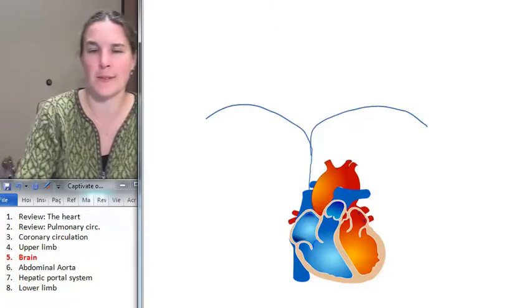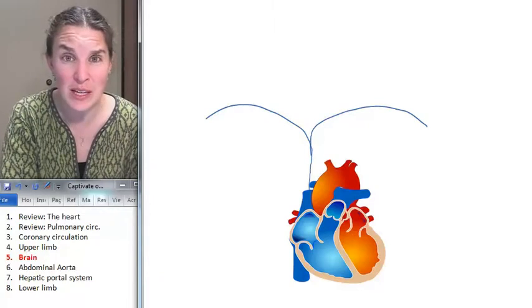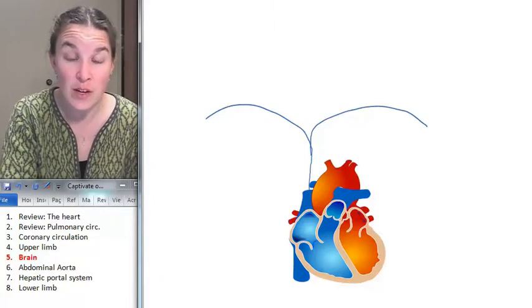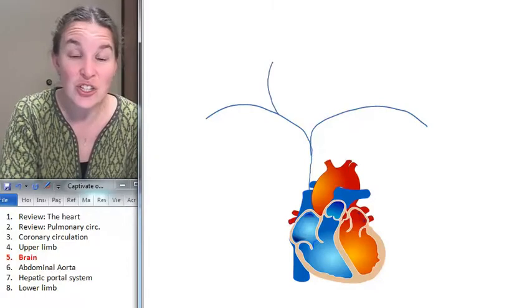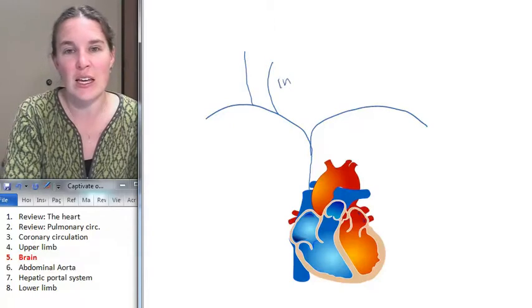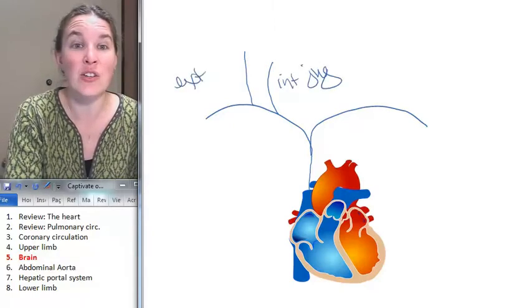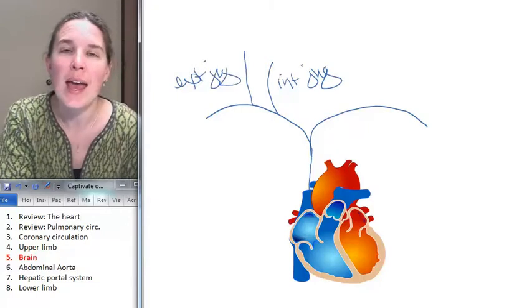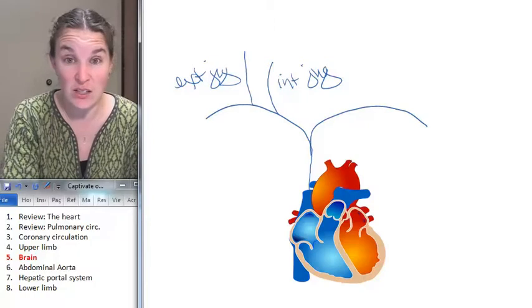Before we turn into subclavian, branching off of our brachiocephalic, we have an internal jugular vein and an external jugular vein. Internal jug, external jug.